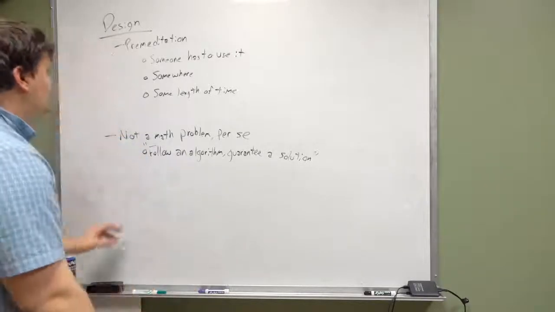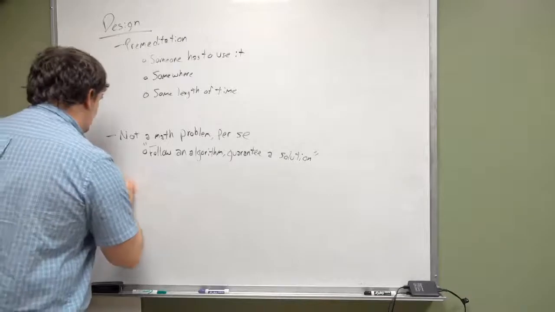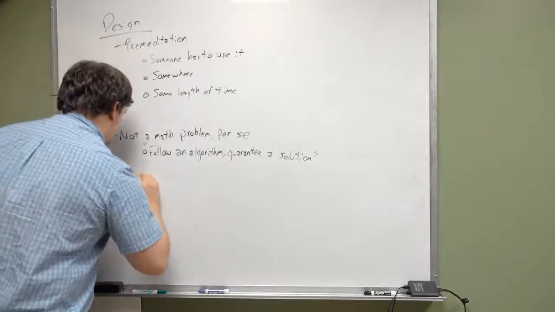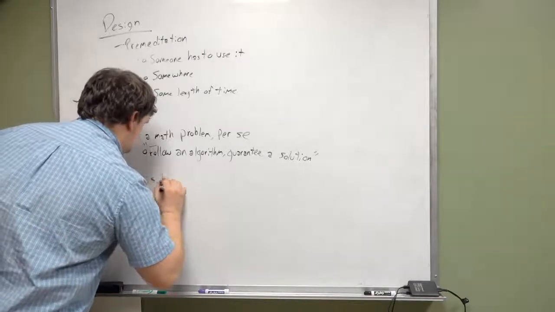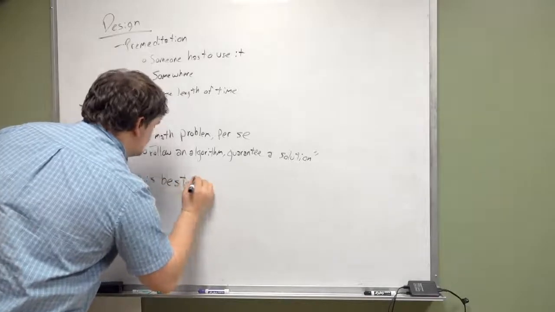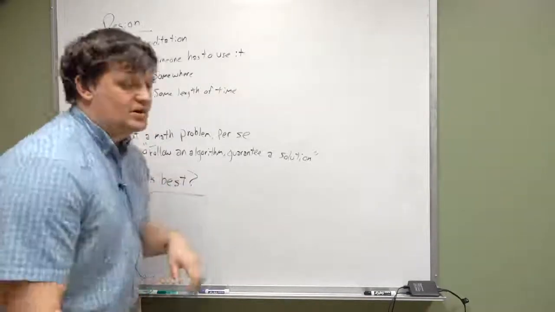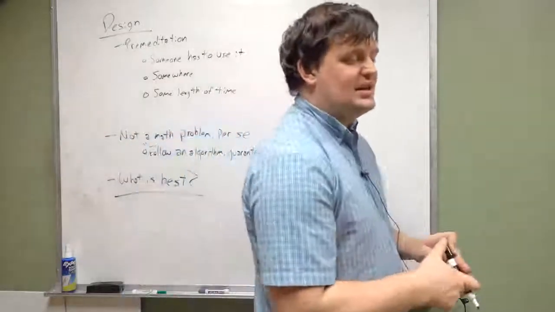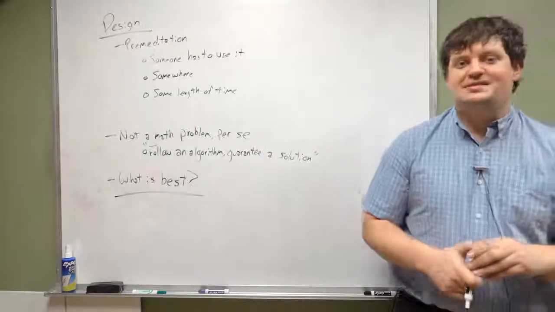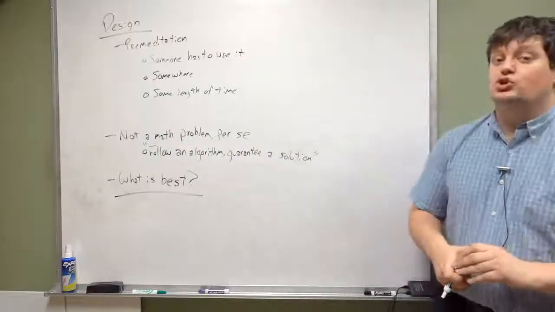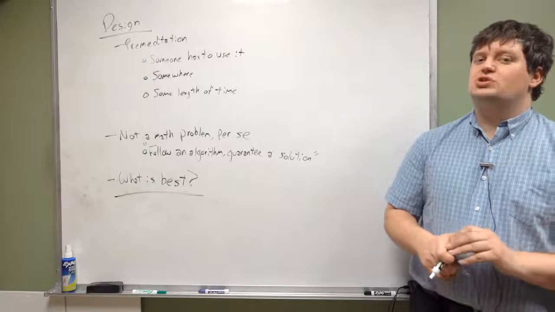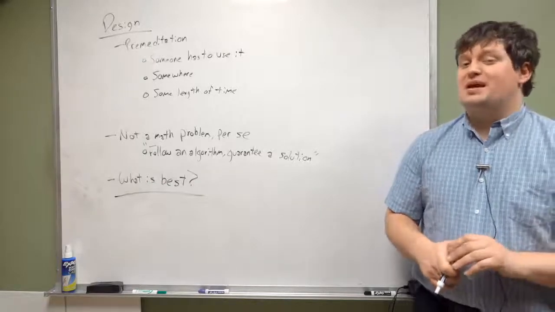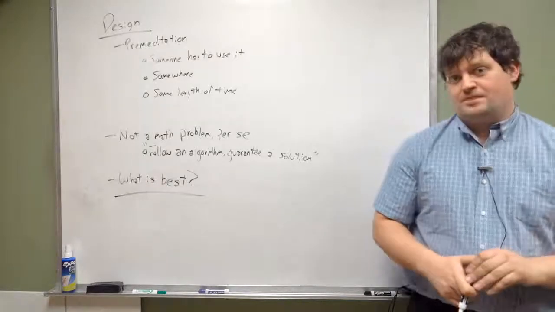And ultimately, what design is, you have to answer the question there. What is best? To understand best, you must understand good. To understand good, you must understand baseline competency.